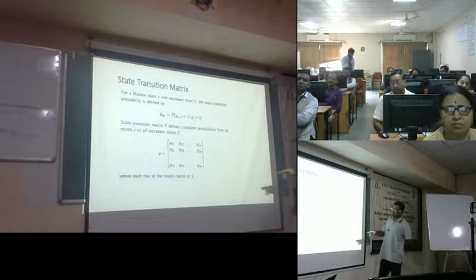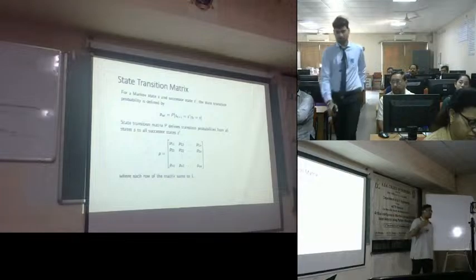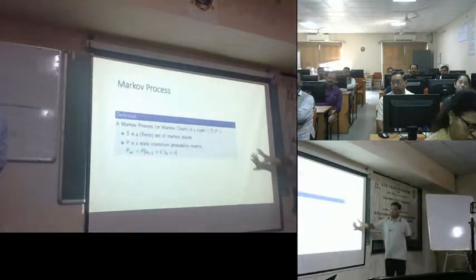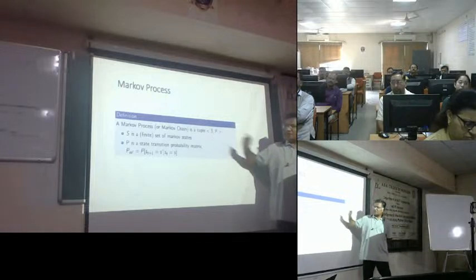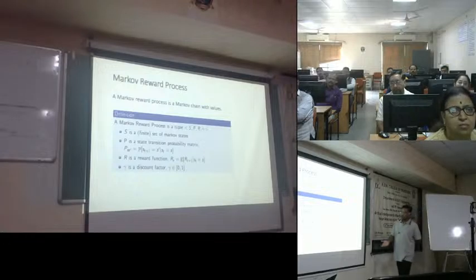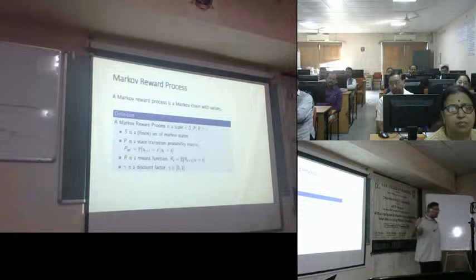Then this is a state transition matrix. So this is the current state going to the next state. Next. This is the Markov process, which has a set of states and the transition probability matrix. Then we have a reward function and a discount factor so that we don't get into infinite rewards.